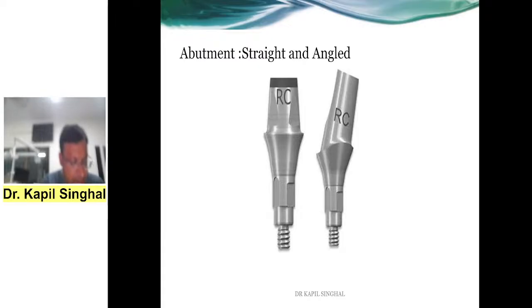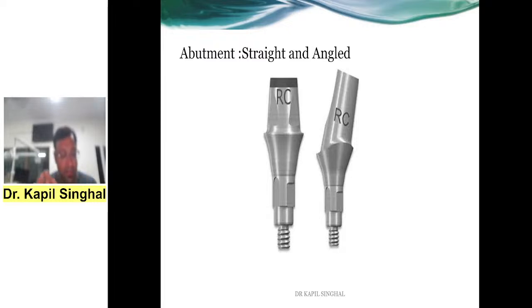Suppose you have placed an implant and there's some angulation in your implant. To compensate for that angulation, you may need to use an angled abutment. Here another question comes: what is the maximum permissible angle of the abutment that is allowed? The answer is 25 degrees.